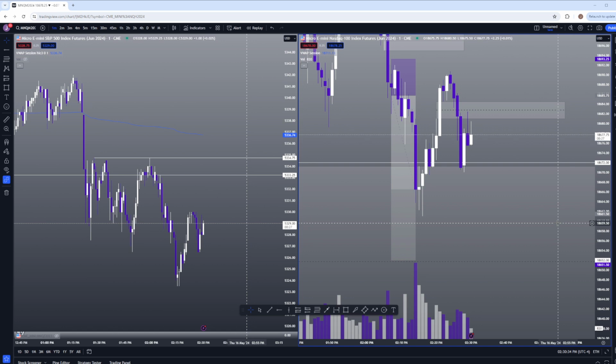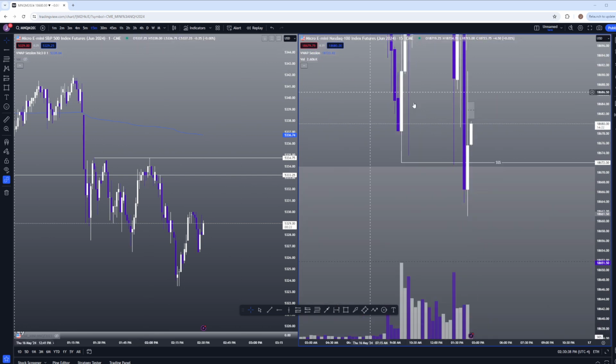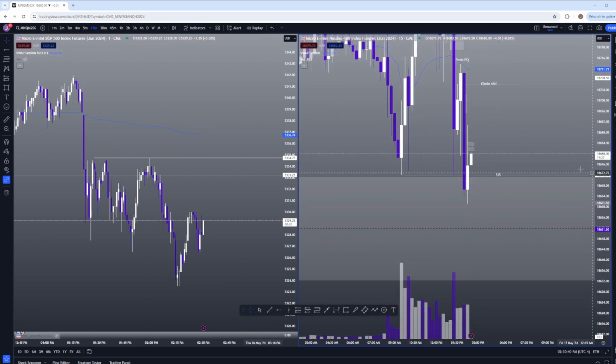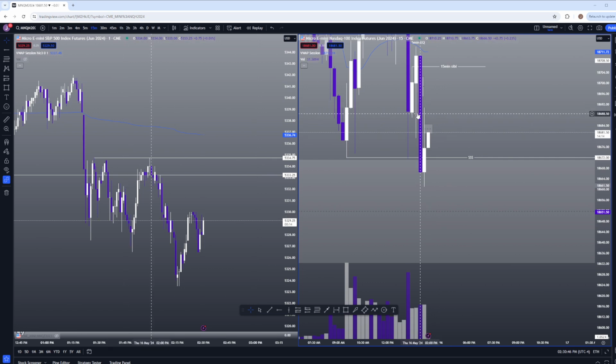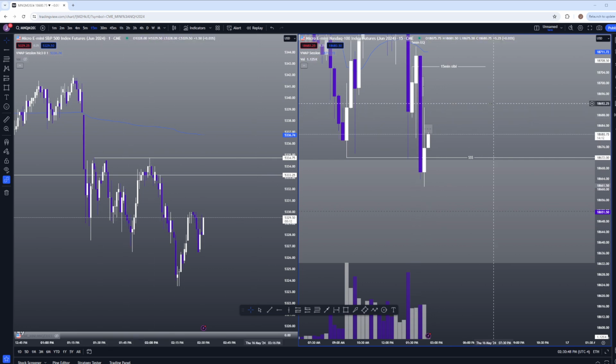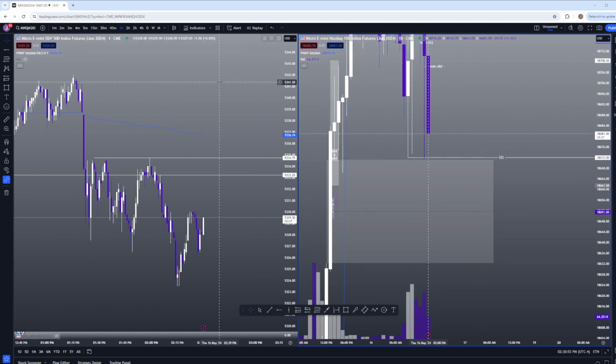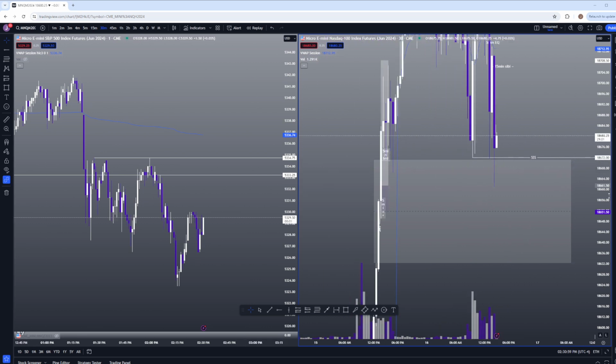Let's see if this trend wants to continue down or if we want to get a reversal back up. See how that 15-minute closed. Still closed with displacement. Now, we didn't close below this low, but that was a strong bounce off that 15-minute bearish order block here. 30-minute failed to displace as well.